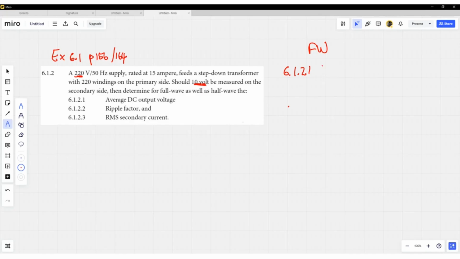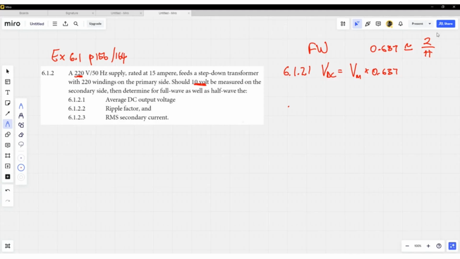Right, so our DC voltage in this case is going to be the maximum of our secondary voltage multiplied by 0.637, I believe. That 0.637 is equivalent to, if I remember correctly, 2 over pi. That's actually where that comes from. Let me just make 100% sure for you guys. Yeah, that's actually where it comes from.